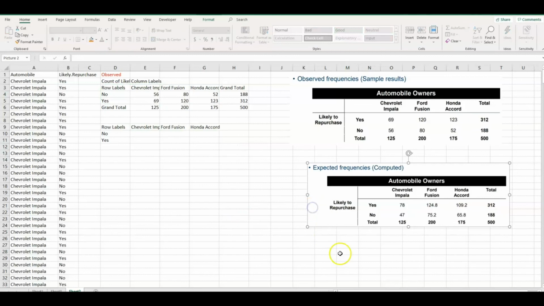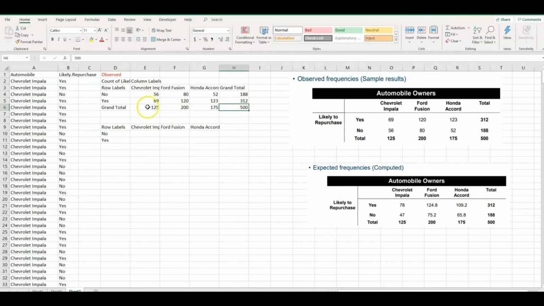I'm going to generate these 6 numbers. To generate these 6 numbers, let's look at, we have 500, right? So let's look at the proportion of each brand. So this is 125 over total 500.